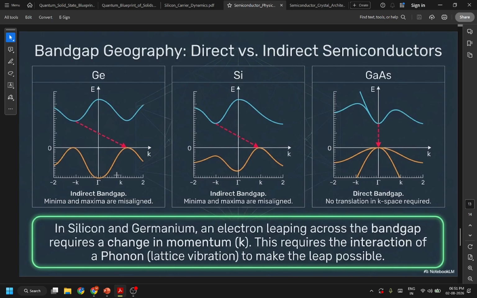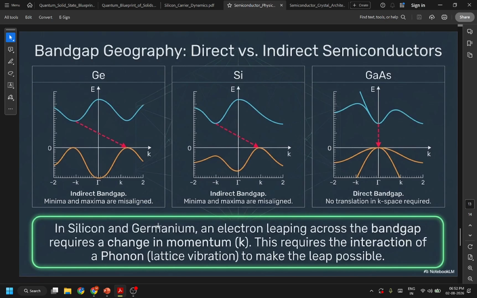But in indirect band gap semiconductors like germanium or silicon, the highest point of the valence band and the lowest point of the conduction band are at different momentum points. So going from valence band to conduction band requires not just a change in energy, it also requires a change in momentum.